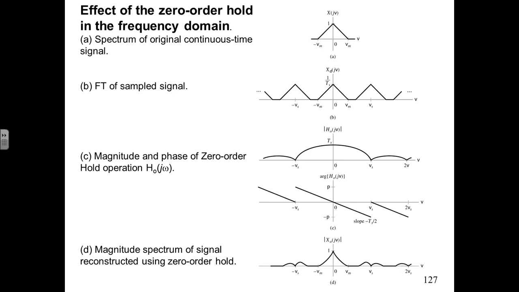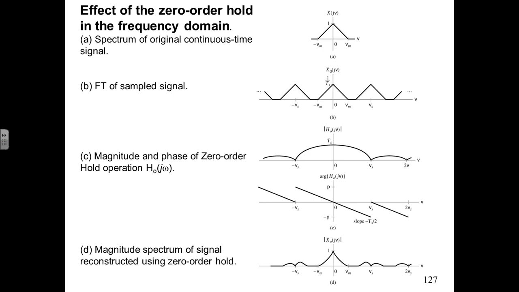But instead, if we use a sample and hold kind of D-to-A converter, the frequency response is what's shown in the next two lines. The magnitude response at the top has a sinc function kind of shape. The fourth plot there is the phase function of that sample and hold function, which has a straight line linear phase response.